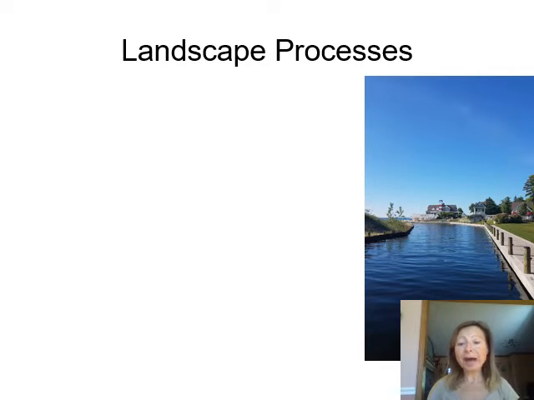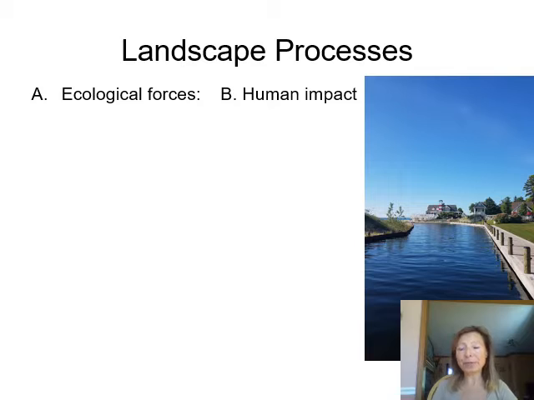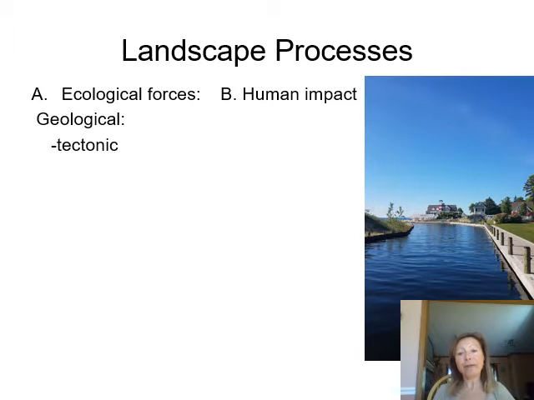Landscapes around us are really products of a variety of different processes, and some of those processes can be natural, some of them can be anthropogenic, associated with human impacts. Ecological forces or environmental processes include a number of different factors that can be reflected in the landscape pattern and landscape functions.